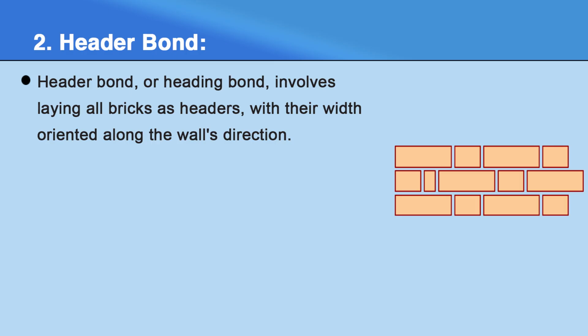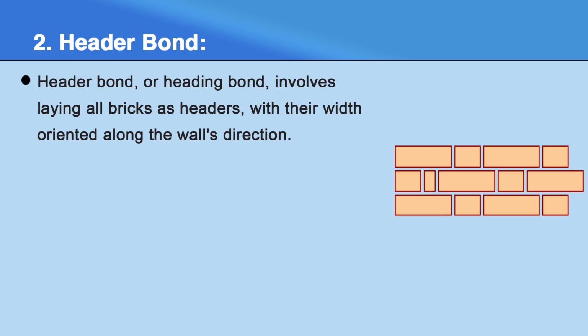Next is header bond. The header bond, also known as the heading bond, is a traditional brick laying pattern where all the bricks are laid as headers, meaning their shortest face, the width, is exposed along the wall's length.